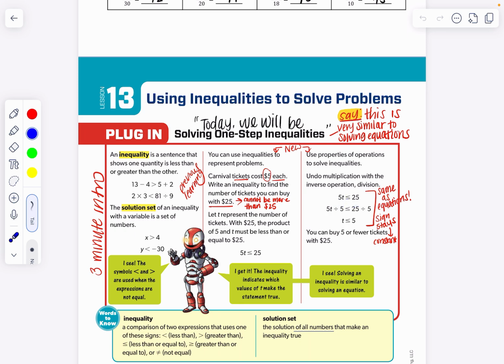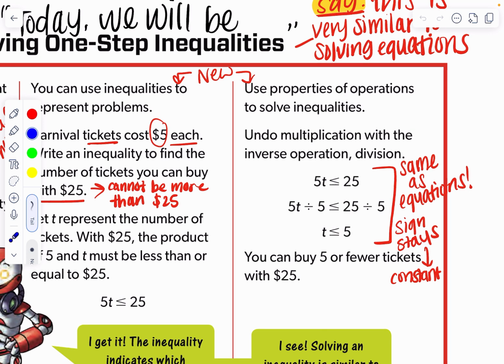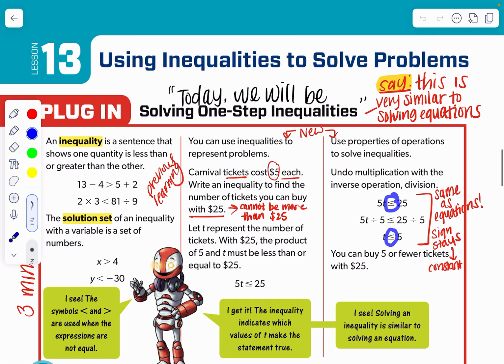So when we divide by 5 on both sides, we get 5t divided by 5 on the left-hand side and 25 divided by 5 on the right-hand side, leaving us with not t is equal to 5, but t is less than or equal to 5. And so notice how the inequality symbol did not change. The same symbol that we started with is the same symbol that we end with.